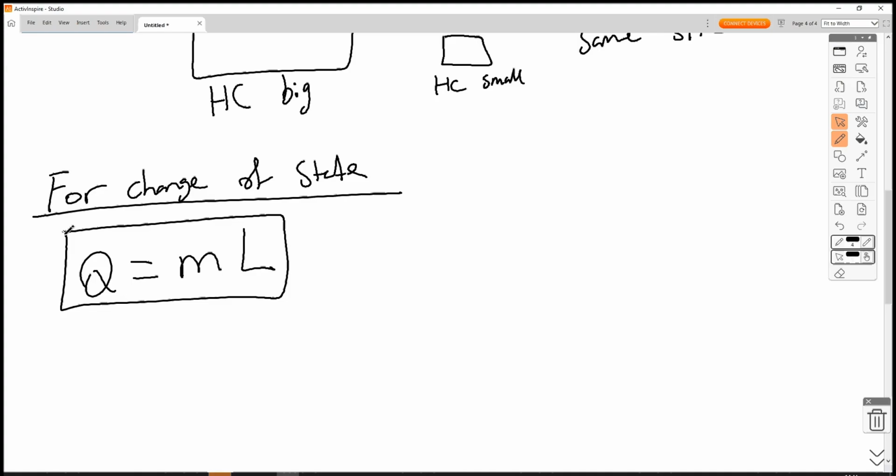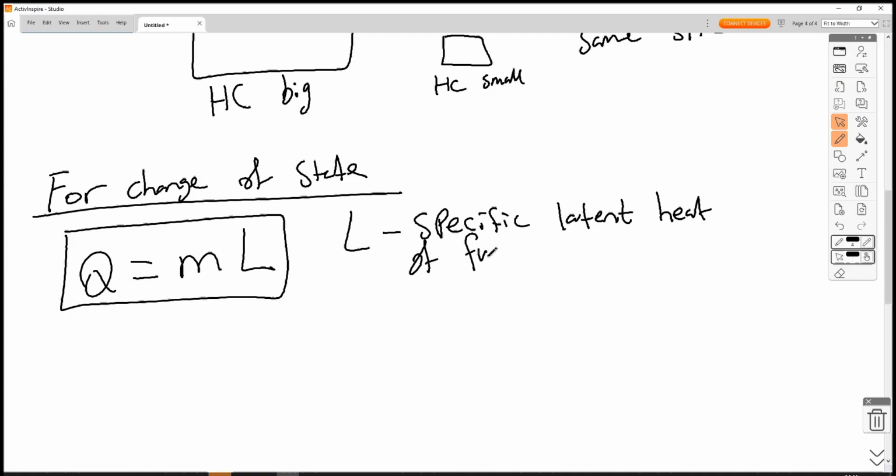M is the mass, but L here is the specific latent heat of fusion or vaporization, and it's measured in joules per kilogram.